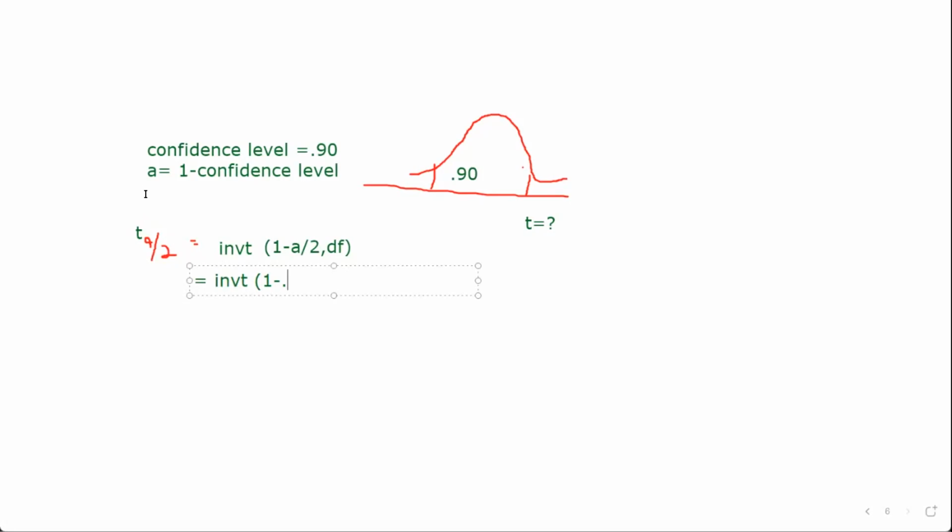It's not 1.645 because it's not a Z. Okay, I'll do it right now. Alpha is equal to 1 minus, remember this step you need to do so you know what the alpha is. 0.90. This is 0.10.